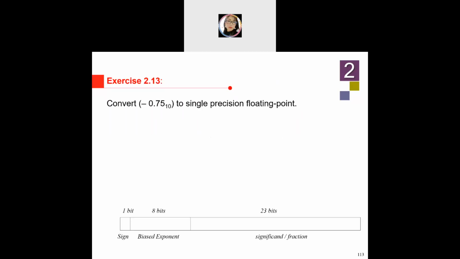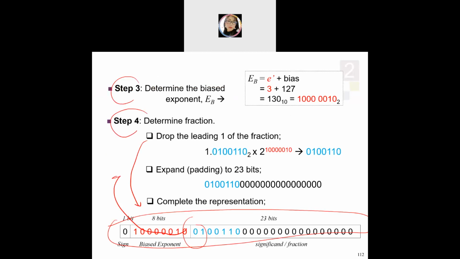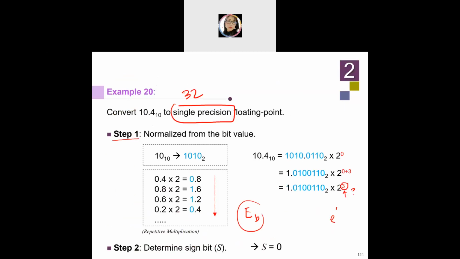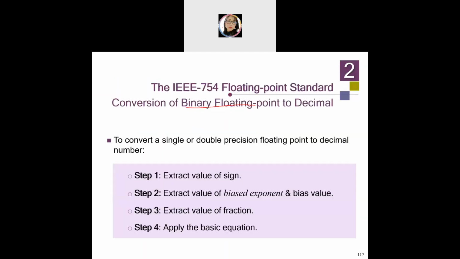Let's say for this one, we have the example from the decimal value. You want to get this format. But given this format, you need to go back from step 4, step 3, 2, and 1 until you find this. So those are the several steps to reverse your steps from just now.